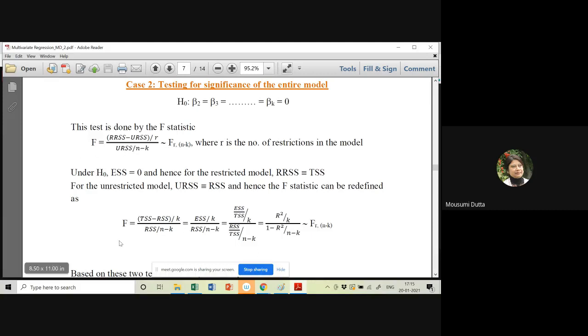However, if you do not have that information but you have information on R squared, then also you will be able to calculate F. So if you have information on a measure of goodness of fit, you can frame the F statistic to check overall whether the model has significance or not.